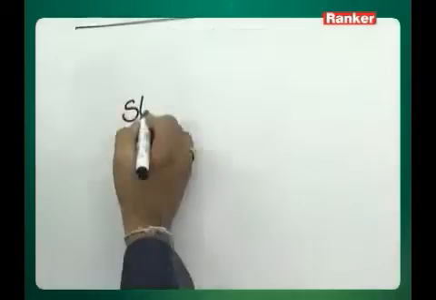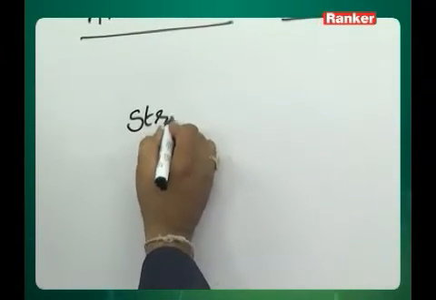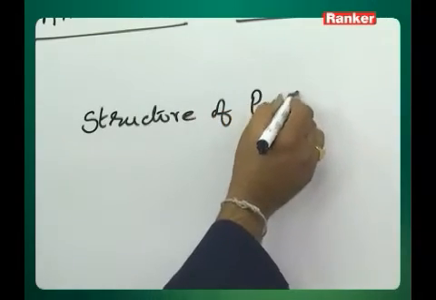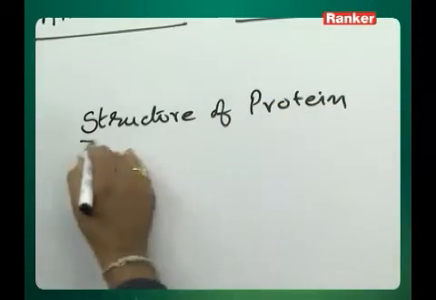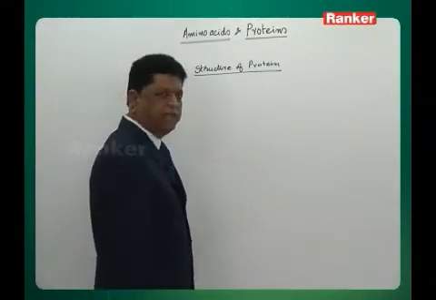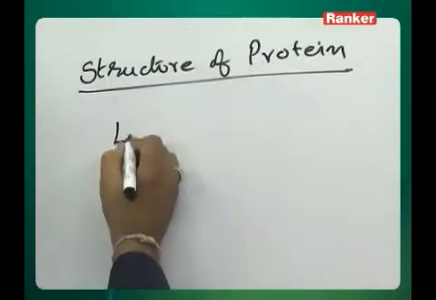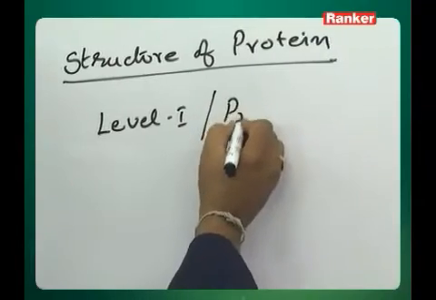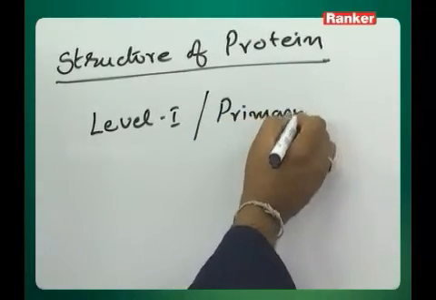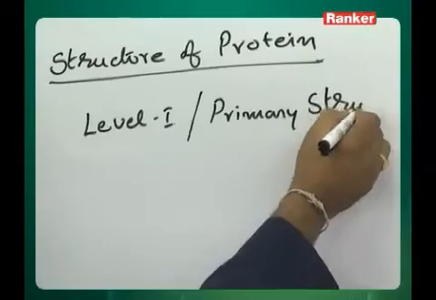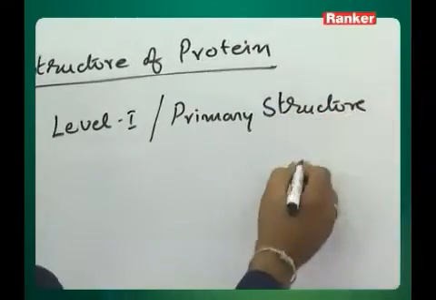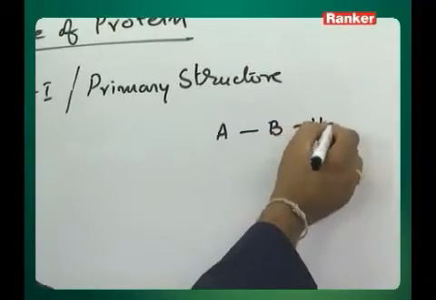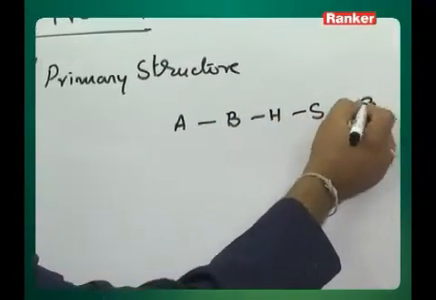Now, let us take 1 or 2 points on the structure of a protein. The structure of protein is divided into 4 levels. The first one is level 1, also called the primary structure. In the primary structure, A is linked with B, linked with, let us say, H, linked with S, linked with Q, and so on.